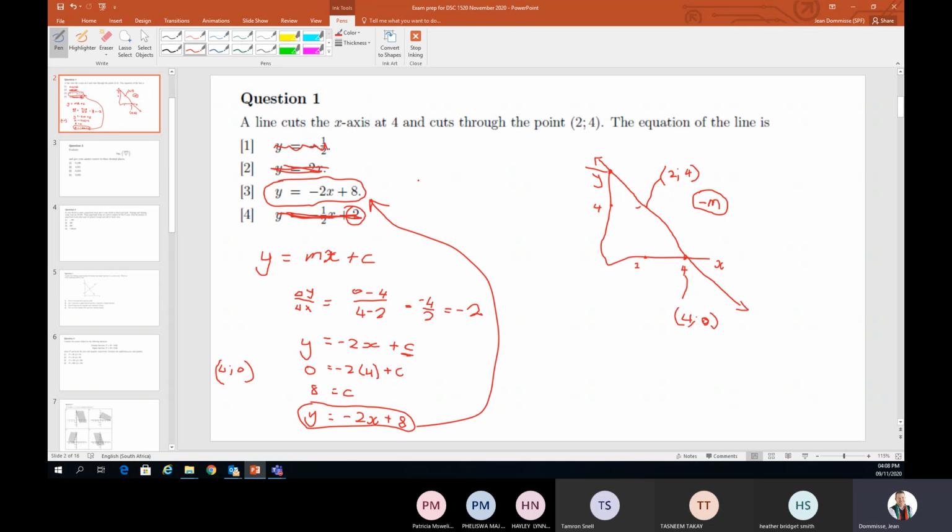Any questions on this one before we go and try the next one? So again, for me, I always like to nearly eliminate some of the answers. Yes, Tamarin.